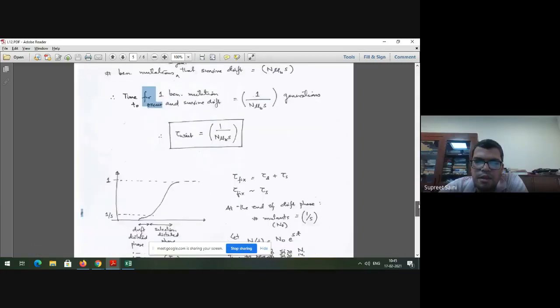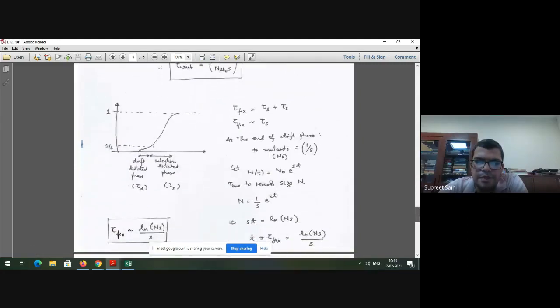Now the second one is a little tricky, tau fix, because tau fix is made up of two different components. One is the time a beneficial mutation takes to overcome drift, tau d, and the other is the selection-dictated phase, which we call tau s. So tau fixation, from the point of occurrence to reaching fixation, is equal to tau d plus tau s.